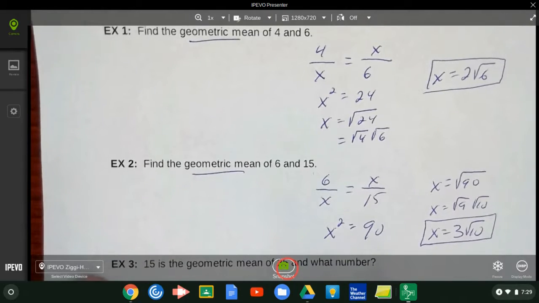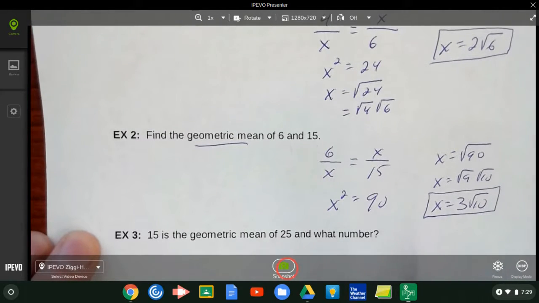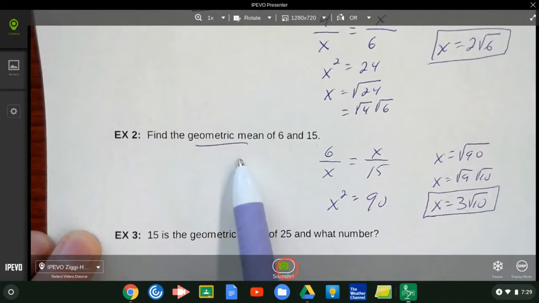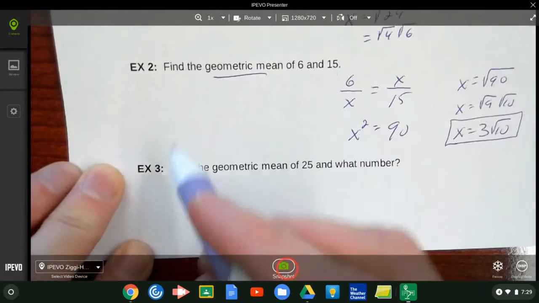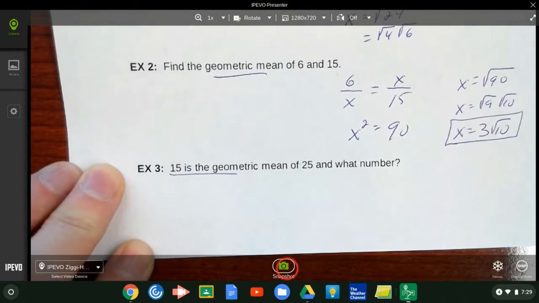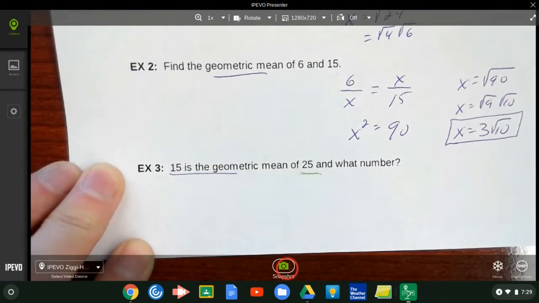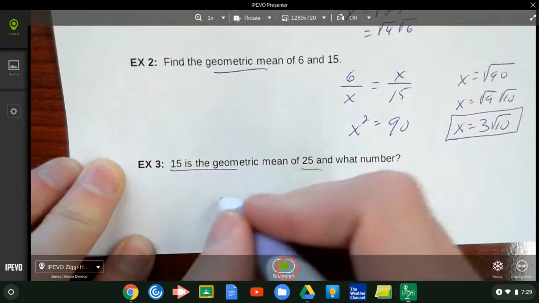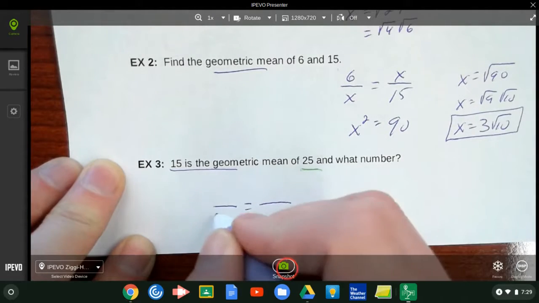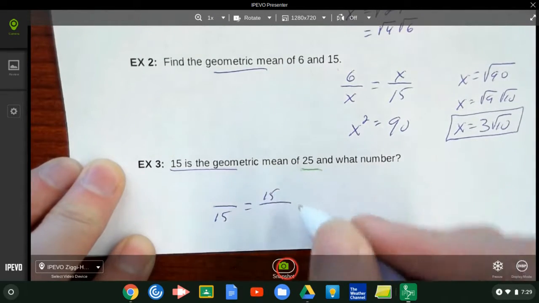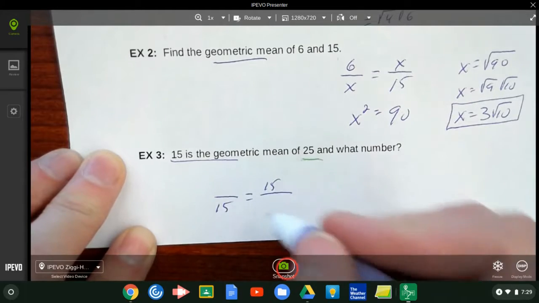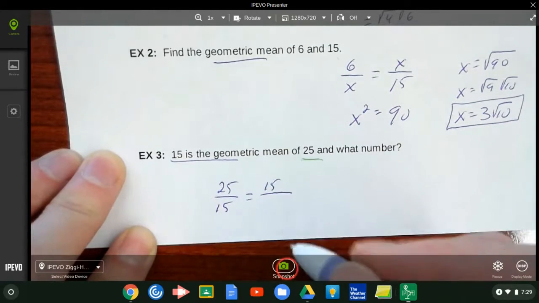Okay? Now, this could be worded differently. This is when we're looking for the geometric mean. What if we know the geometric mean and I have one of the extremes? Well, now, since 15 is the geometric mean, that goes into the means position. 25 is one of the extremes, so it goes into the extreme.